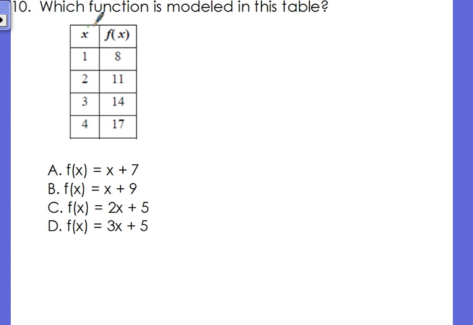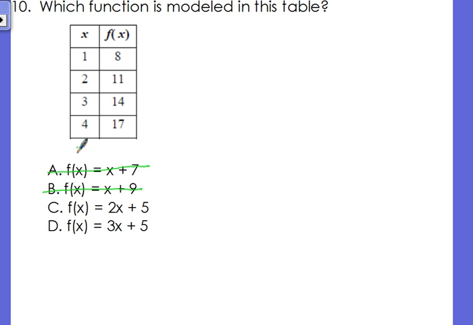Same idea. This one, I'm plugging in x values to see which one gets out the correct y value. So if I plug in 1, 1 plus 7 gives me 8. However, if I plug in 2, 2 plus 7 does not give me 11, so be careful with that. If I plug in 1, 1 plus 9 is not 8, so that one doesn't work.